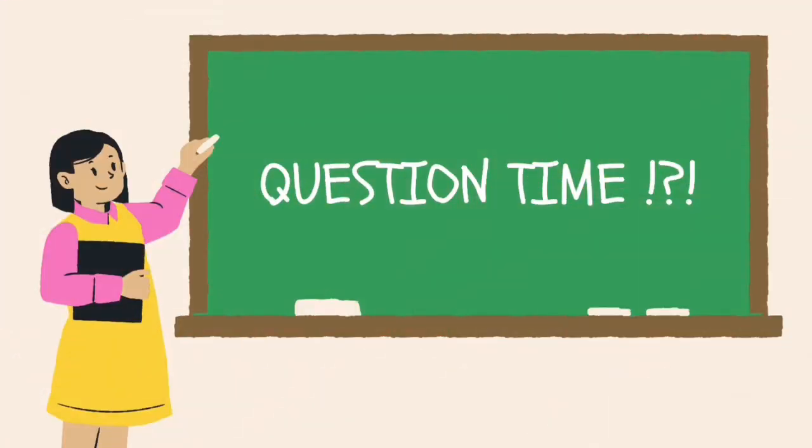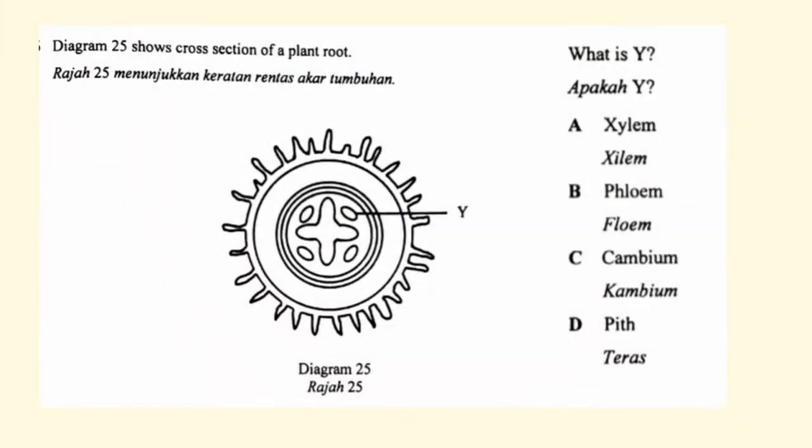But before we go, let's answer a few questions to make sure our understanding of this topic is complete. Now here's a fresh question right off the bat. The diagram shows a cross-section of a plant root. And they ask us, what is the structure Y?